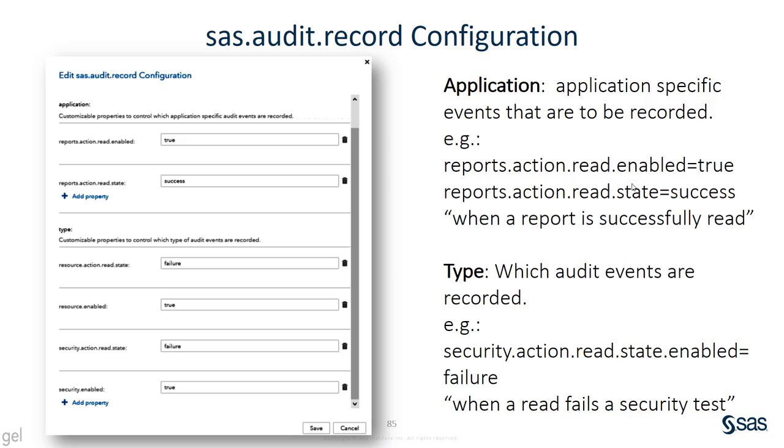What I want to know is, for the report service, when was a read successful? So that's what the 2 options are at the top, where we have an application event structure. So we enable the read event, and then we say we want the report action read state success events. And the options there are success, failure, and all. So if you want success and failure, it's easy to get.